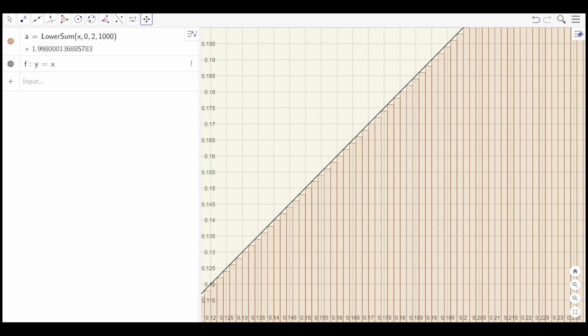Whenever you see this symbol, it means the limit of the sigma of f of x sub k delta x, k goes from 1 to n minus 1. It doesn't matter if I write it n, because eventually I want to send n to infinity. So there is no difference between n or n minus 1.